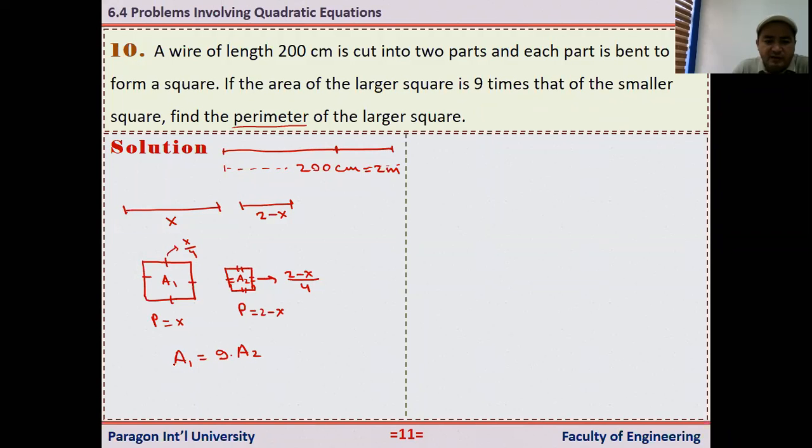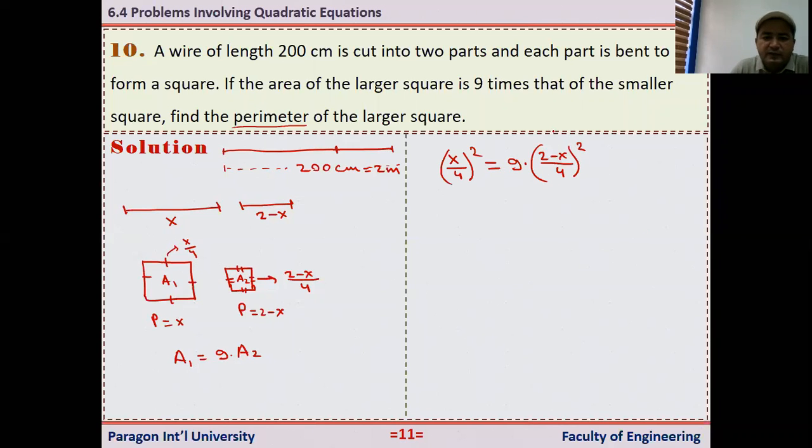Now let's write everything in terms of x. What is a sub 1? Area of this square. So that's equal to x over 4 squared. Equals, on the right hand side, we have 9 times a sub 2. It is 2 minus x over 4 squared.